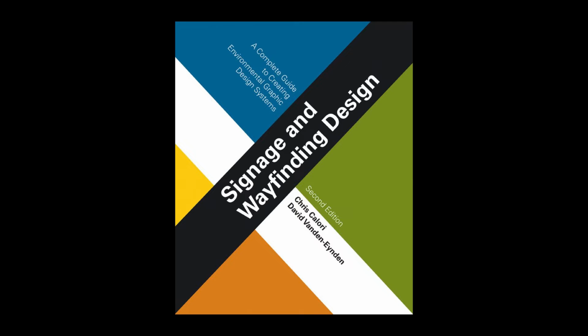Recall from chapters 4 and 5 that local codes may dictate message content and the cap heights of messages for certain interior signs, typically those with life safety messages. Although not all codes mandate a specific size for the actual sign panels on which such messages appear, some do, so it's always important to check the local codes applicable to the project at hand and see if certain panel sizes are mandated.